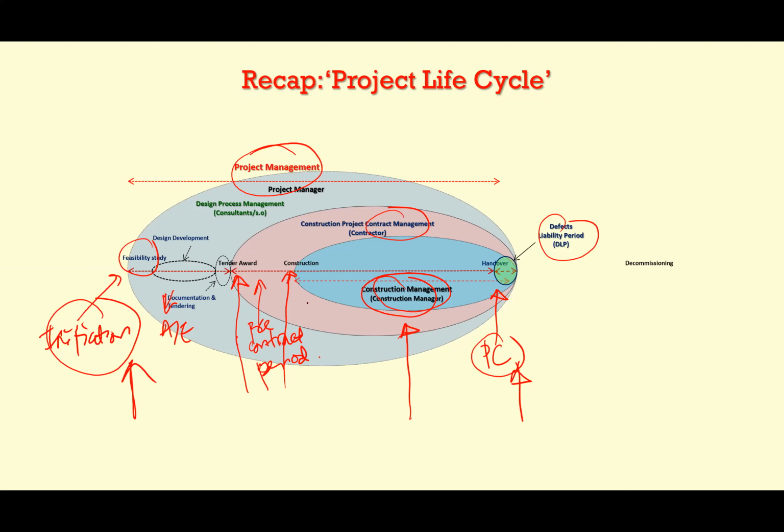So what is the purpose? This is when normally the client wants to evaluate a few alternatives. Let's say they have A, B, C, D, E, whatever alternatives. They can easily evaluate if they know the cost and how long the building can withstand.